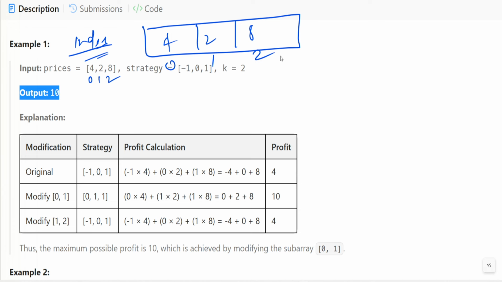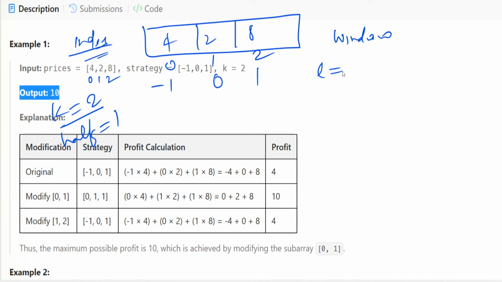And the strategy here is -1, 0 and 1. k we have given is 2. So the half becomes what? k by 2 is 1, right? Means window 1, where left is at 0, we take the right at 2.